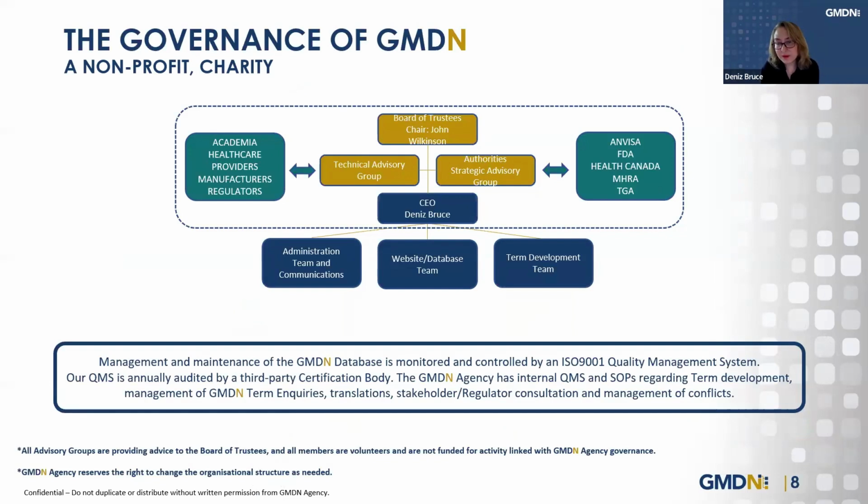Members from Brazil's Anvisa, US FDA, Health Canada, MHRA in the UK, and TGA meet regularly and provide strategic guidance for GMDN. Also, a technical group helps GMDN tackle everyday technical questions related to structure. The quality management system is in place, and if you have any questions, we will be happy to answer them later.